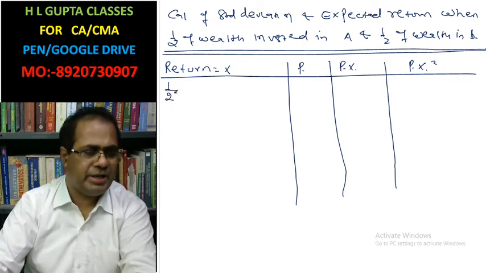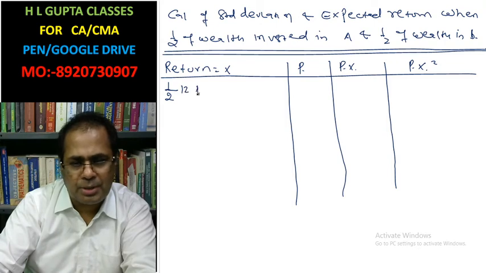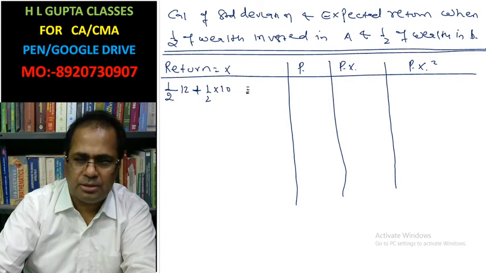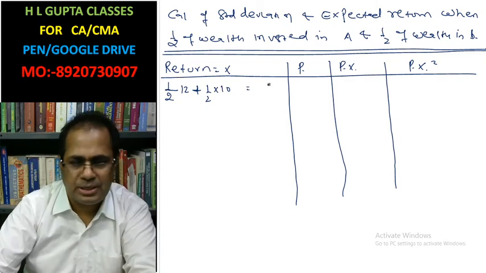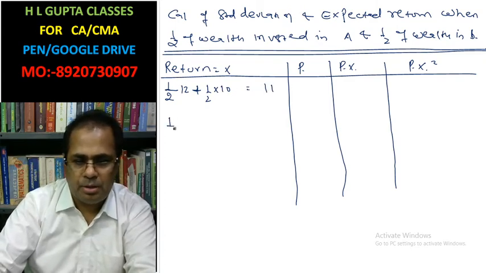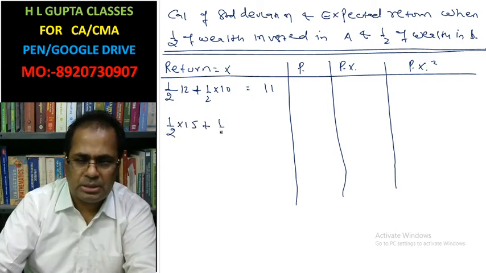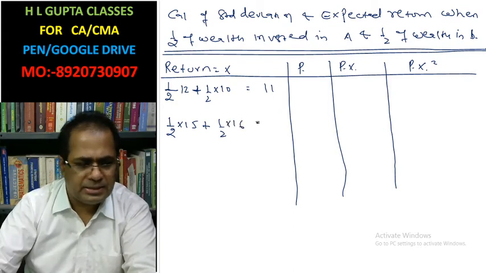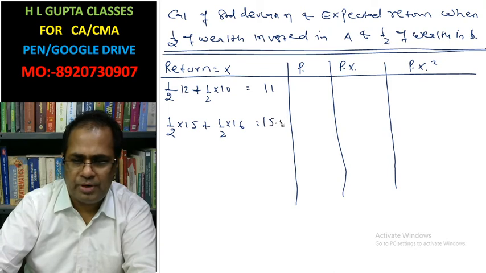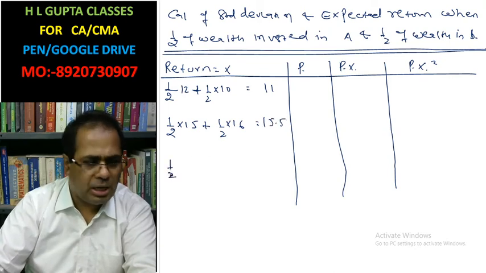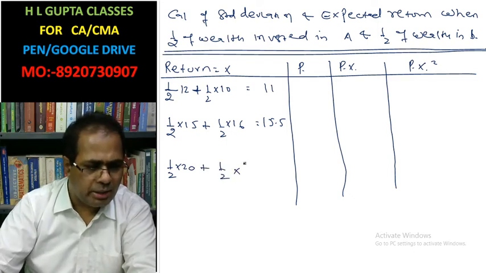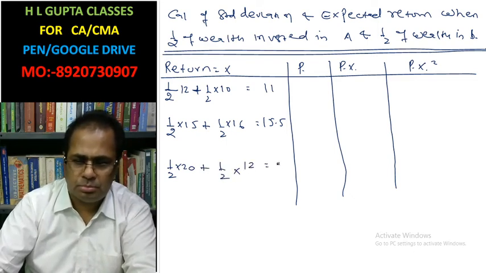Half of A return, 12, plus half of B return, 10, so this is 6 plus 5, that is 11%. Half into 15 plus half into 16 is 15.5. Half into 20 plus half into 12 equals 16%.